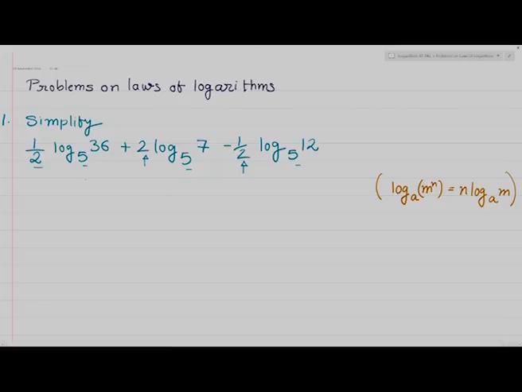So, if I use my power law, this will be equal to log to the base 5 of 36 raised to half plus log to the base 5 of 7 square minus log to the base 5 of 12 raised to half. So, I have used only the power law.